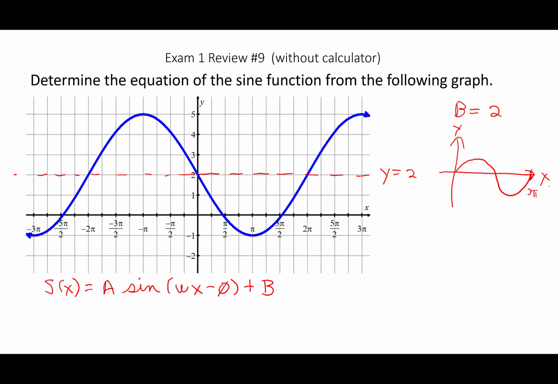Okay, so let's look at the graph we have here. So if I start here on the y-axis, where the y-axis meets my midline, notice I don't go up as I go to the right, I actually go down. And so if I wanted to look at what phi was here, notice that we actually could use this graph that we have.